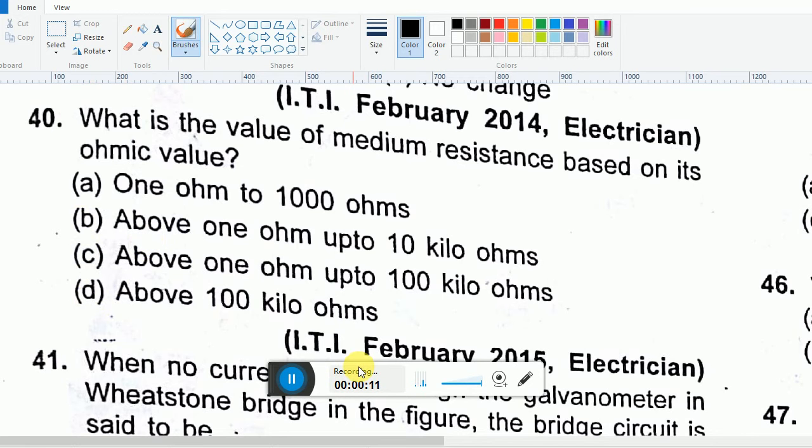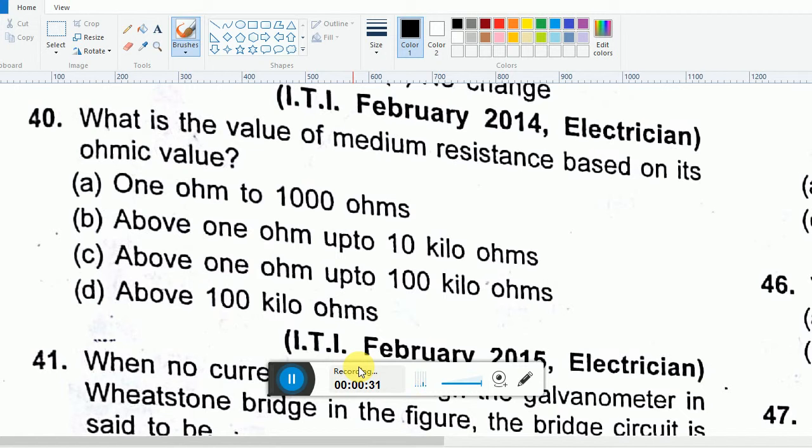What is the value of medium resistance based on its ohmic value? Resistances are classified on their ohmic values. In the previous classes we also studied some questions on medium resistance.